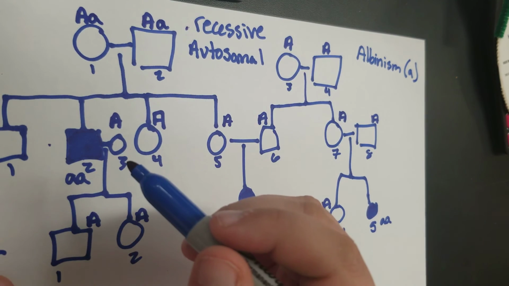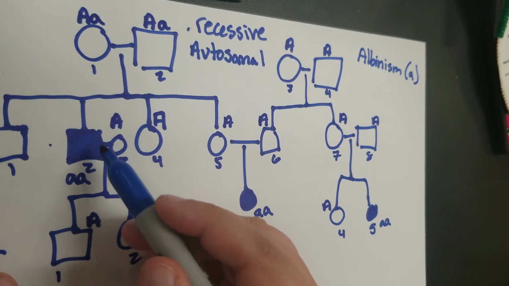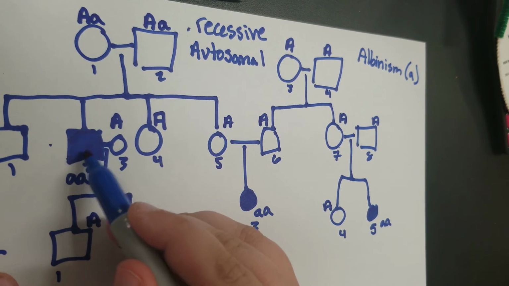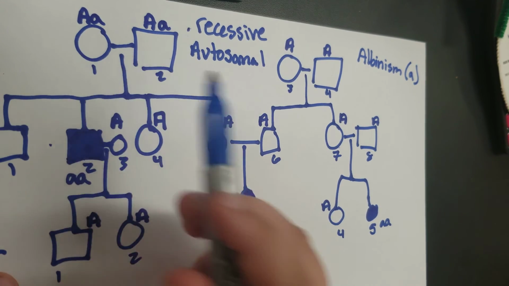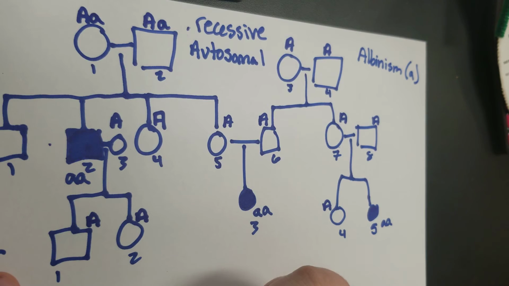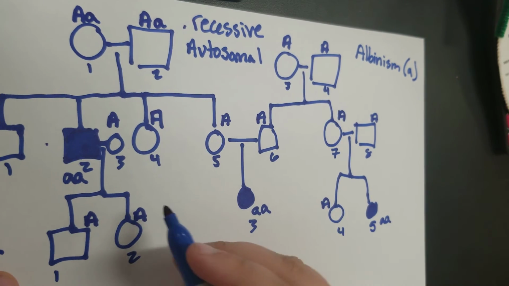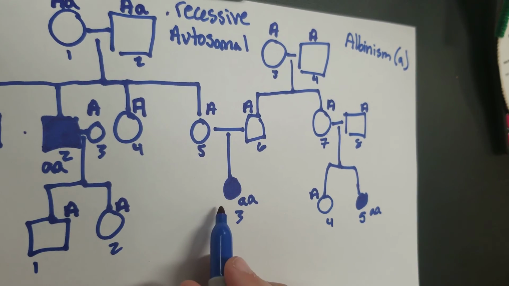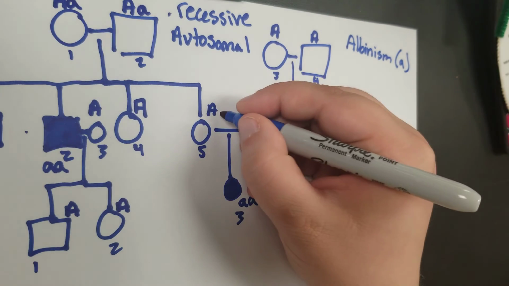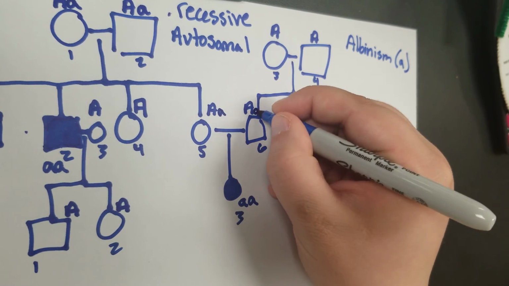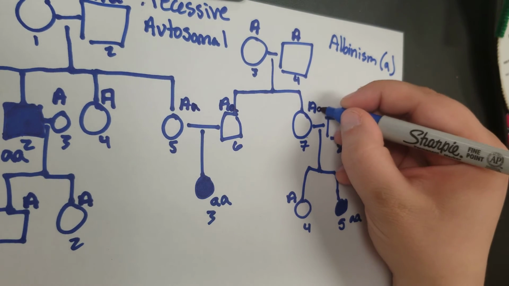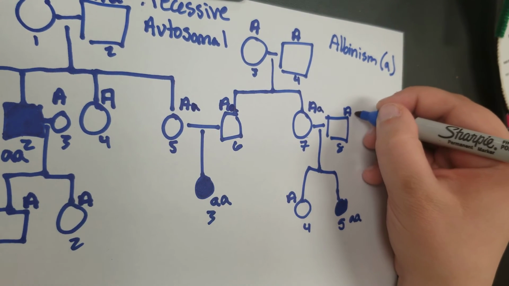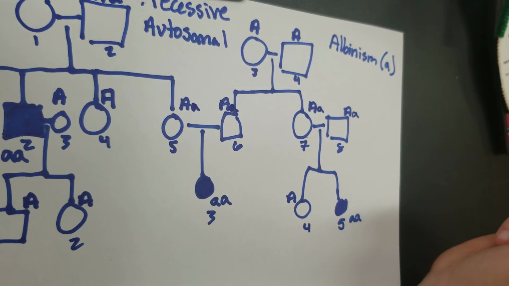That is how we can have a recessive trait come from parents that do not express the trait, because both parents are heterozygous. Same thing over here, one letter from mom, one letter from dad. And over here, one letter from mom, one letter from dad.